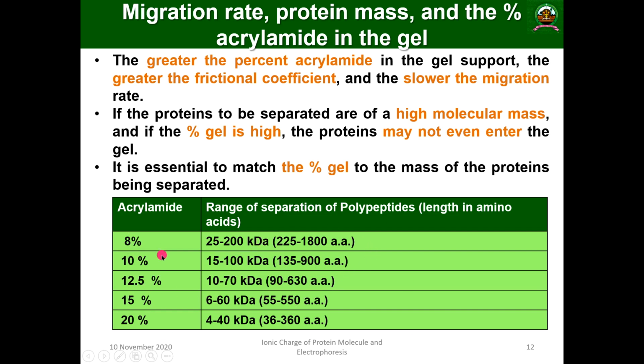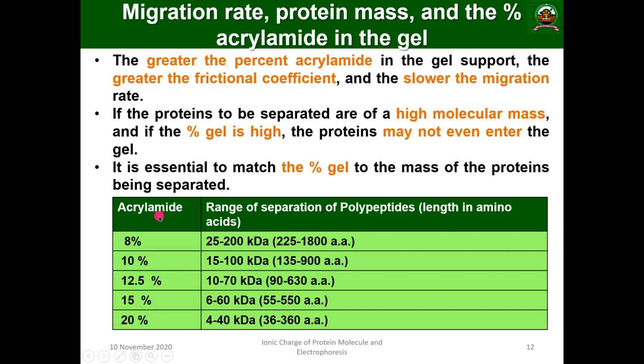If the concentration is 12.5%, 10 to 70 kilodalton proteins can be separated, approximately 90 to 630 amino acids. If the concentration is 15%, 6 to 60 kilodalton proteins, 55 to 550 amino acids. Then if it is 20%, the size range is reduced, 4 to 40 kilodalton, approximately 30 to 360 amino acids.